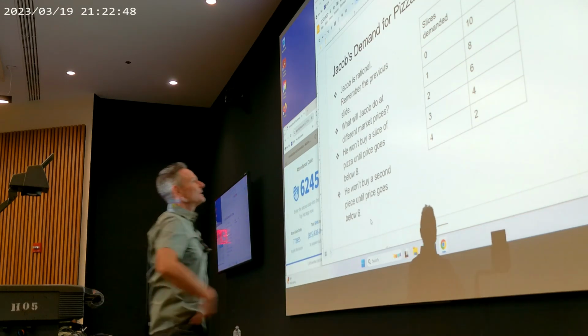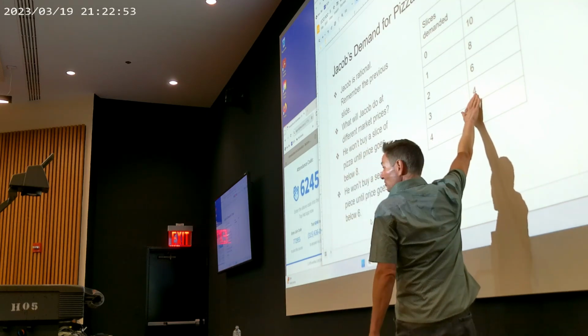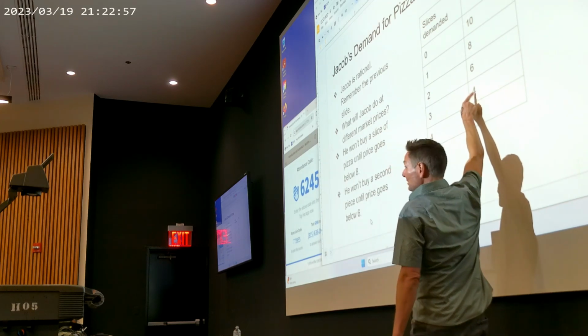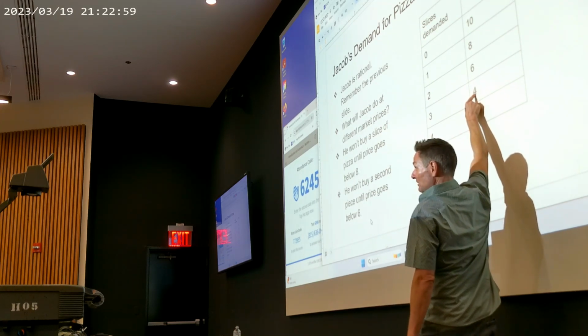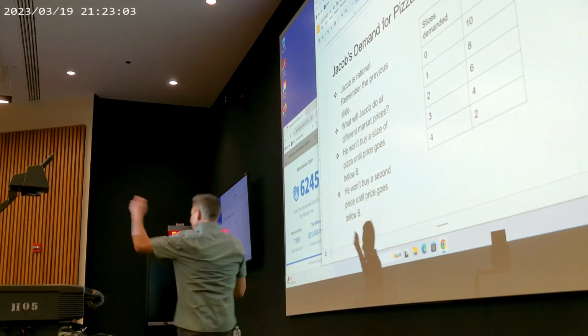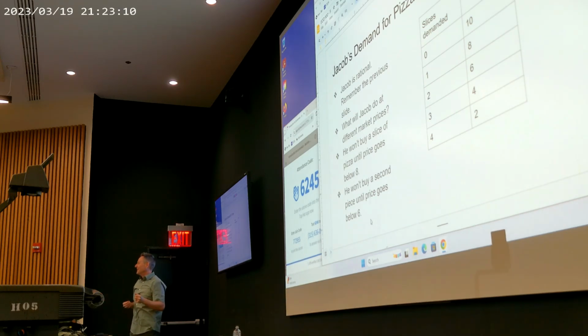When he consumes 3 slices, it doesn't mean the first, second, and third slice give him 4 units in marginal benefits. He still gets, right, 8 from the first, 6 from the second, and 4 from the third, right?